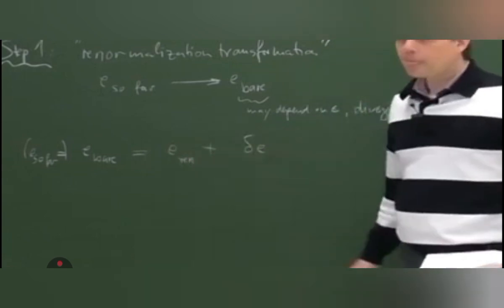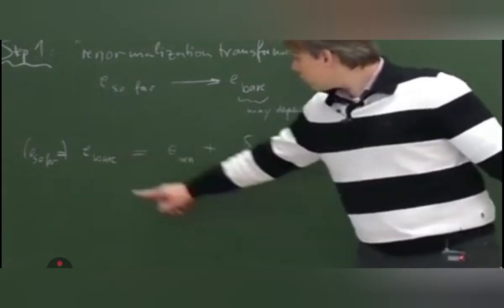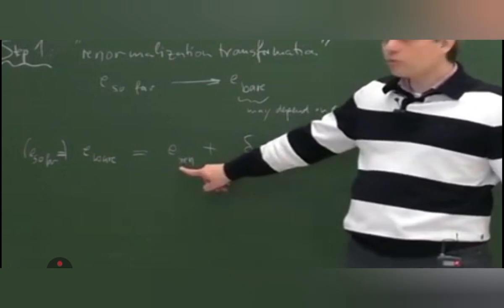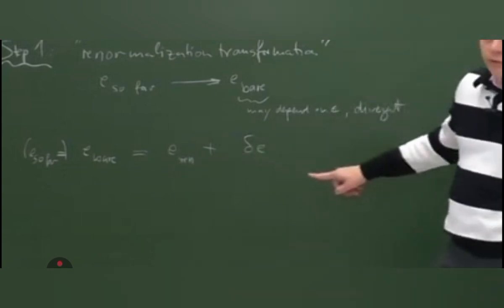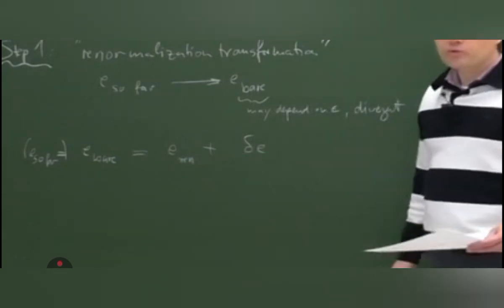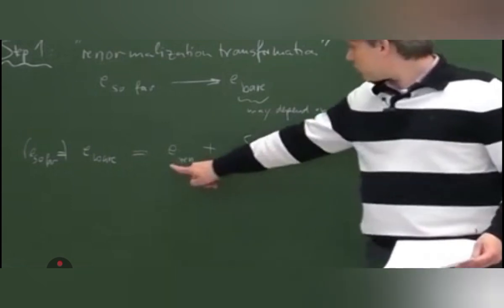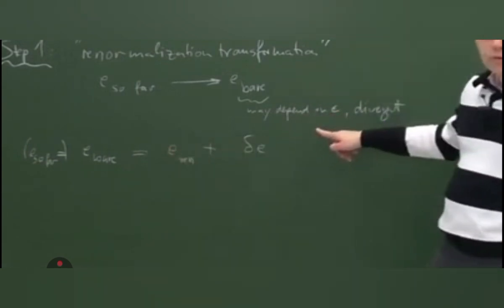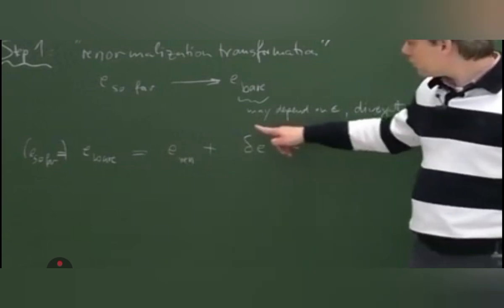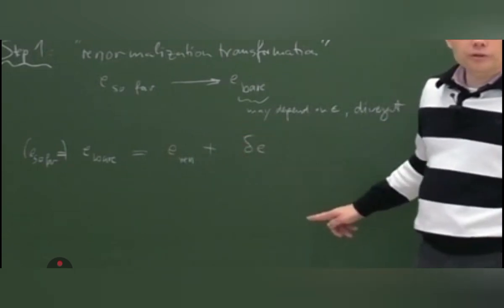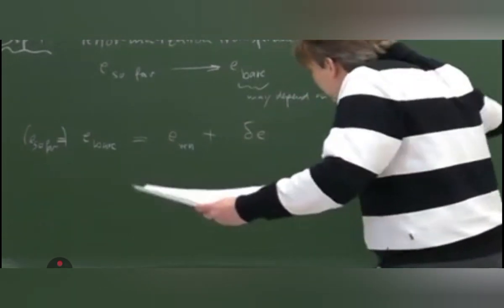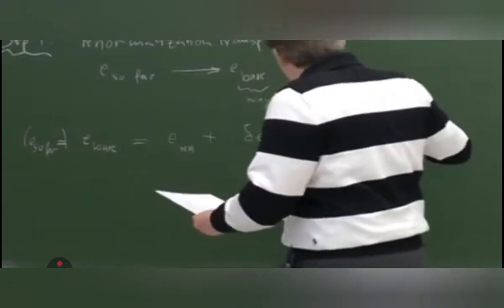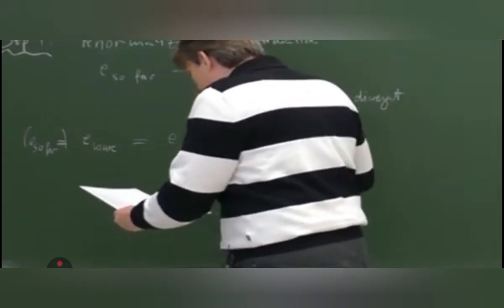So the bare coupling constant is split into a renormalized coupling constant plus a so-called renormalization constant, such that this object here remains finite in the limit epsilon going to 0, and all the divergences are contained in the delta E. That is of course something that we can do if we have such a formula, because nothing can stop us from doing it.